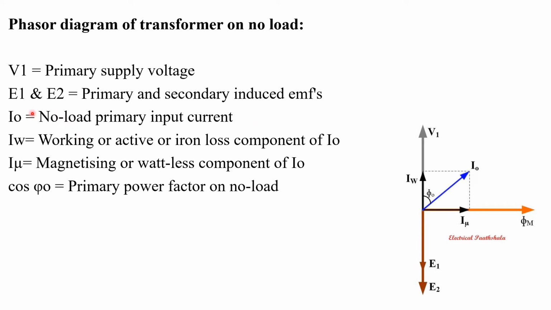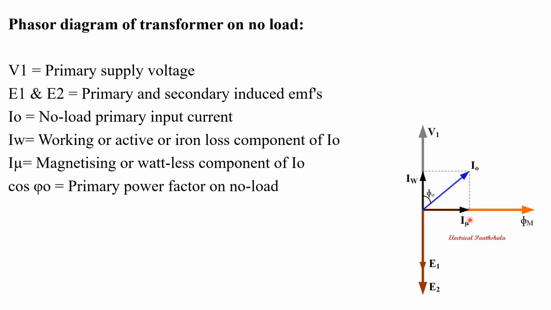I0 is the no load primary input current. It has two components, IW and I mu, and both of them are necessary to draw the phasor diagram. Finally, cos phi 0 is the primary power factor on no load condition. These are the major requirements based on which we can draw the phasor diagram of the transformer.